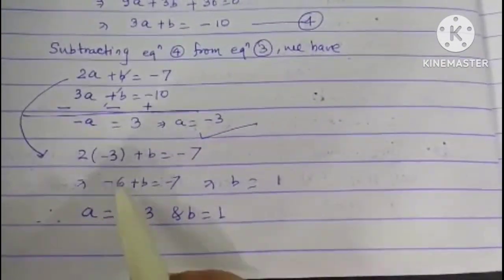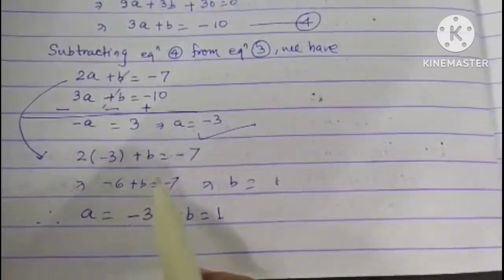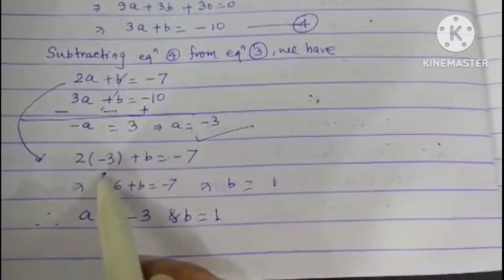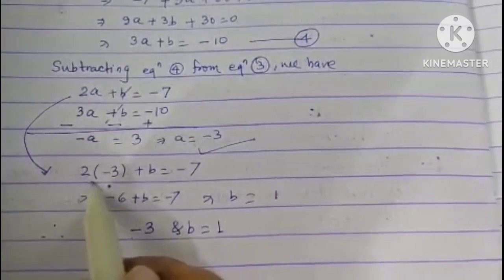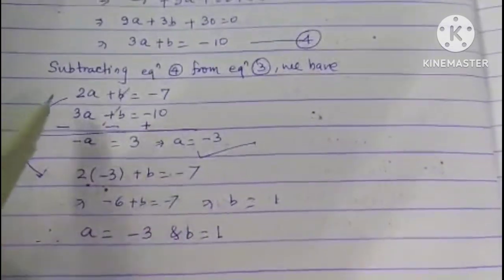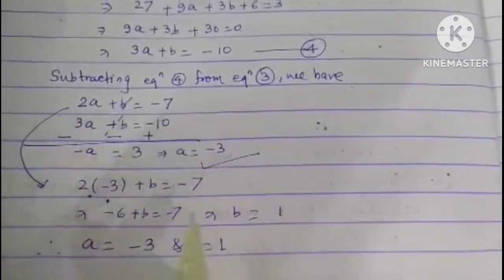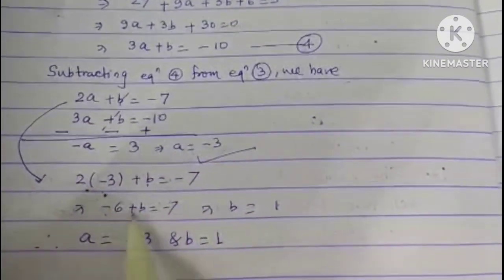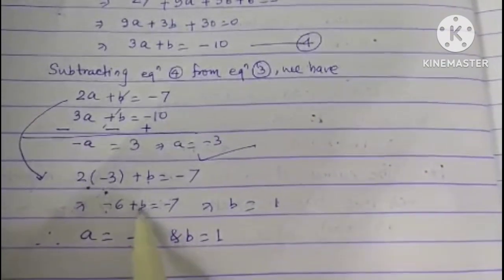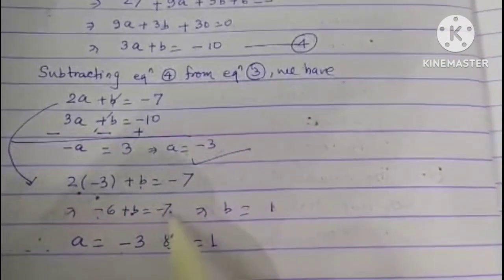Now let us put it here: 2 into minus 3 plus b equal to minus 7, so minus 6 plus b equal to minus 7.